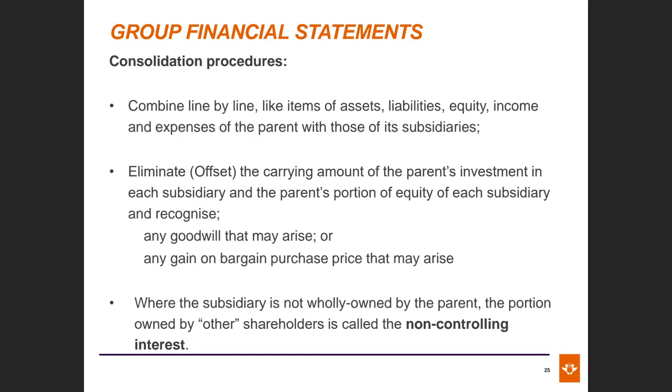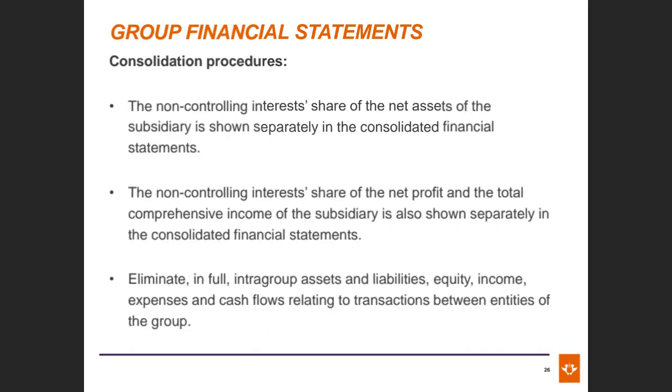Okay, let's continue with the consolidation procedures. So what is non-controlling interest? Here we're just going to introduce the idea. You will see that it's not in any of the examples, but this is just to introduce you to the idea of non-controlling interest for next week. The non-controlling interest share of the net assets of the subsidiary is shown separately in the consolidated financial statements.